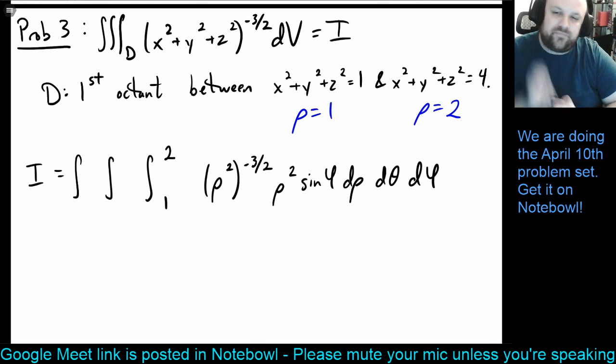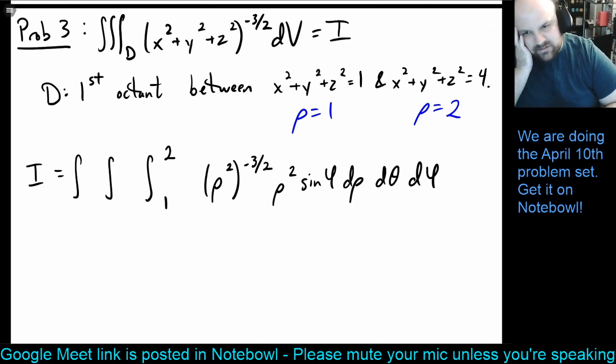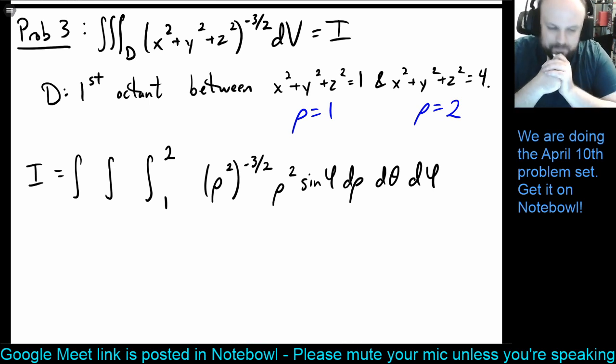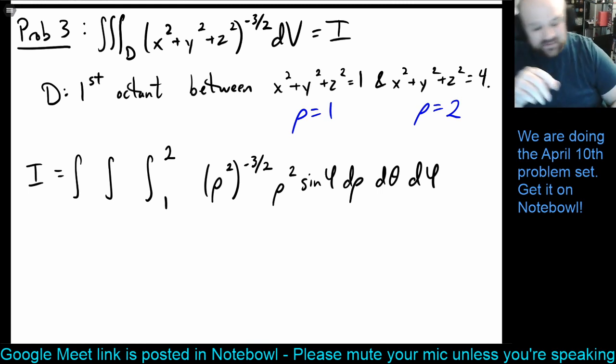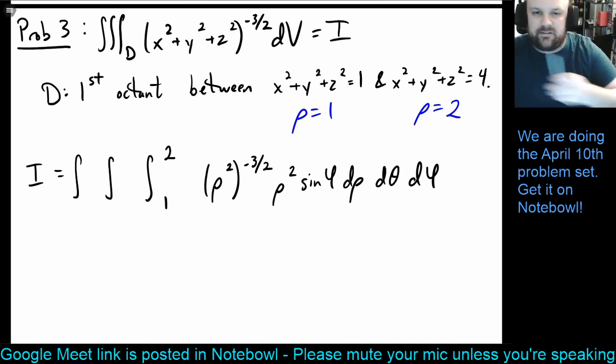One thing that's a little unfortunate, at least in intro calc books, but maybe it's true in general, is that math and physics have opposite conventions for what theta and phi mean. But for us, theta is going to mean the angle around the z-axis.